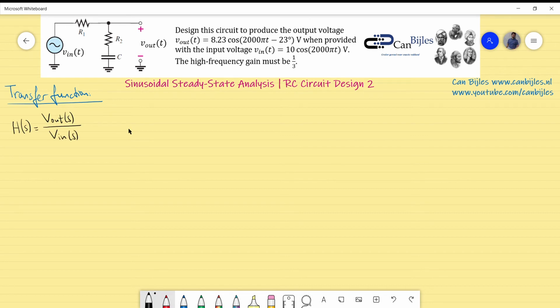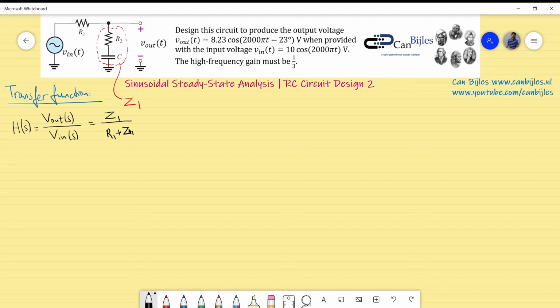So if I now designate this, so I make a new impedance, I will call this, for example, Z1. If I have now the Z1 designated as shown here, the voltage divider rule will be Z1 divided by R1 plus Z1. That's just a standard voltage divider rule.